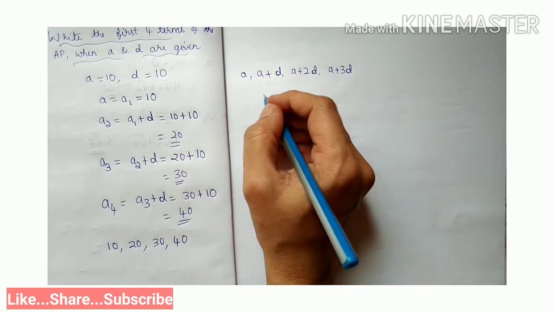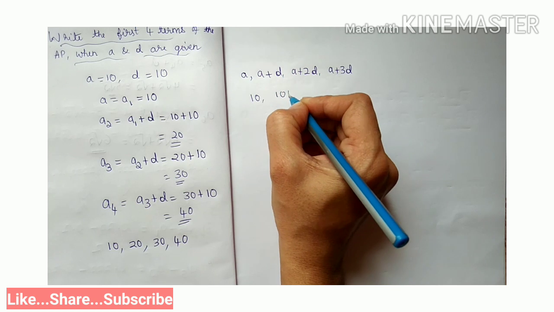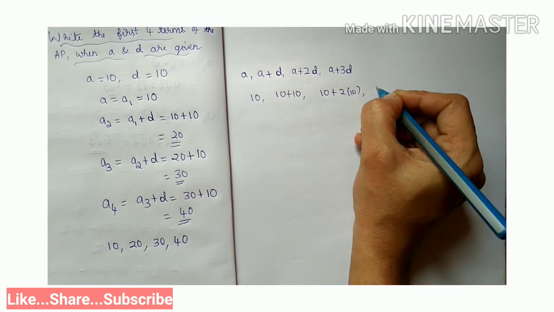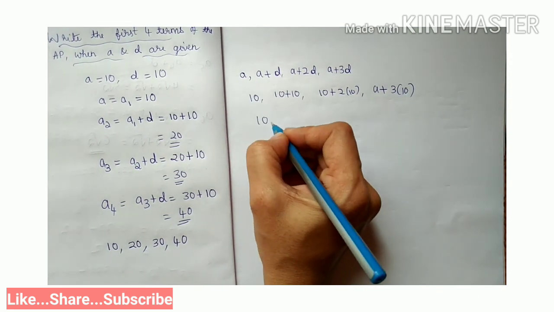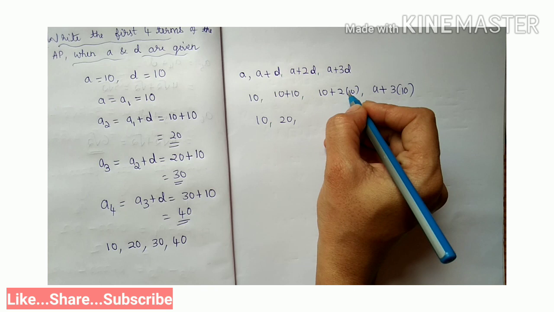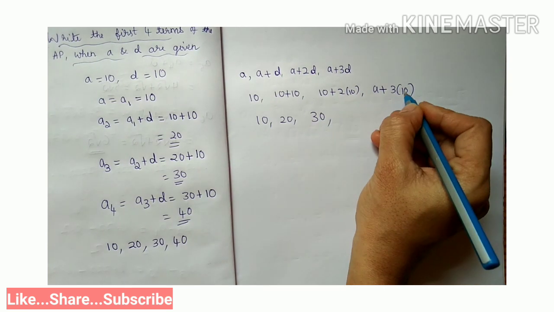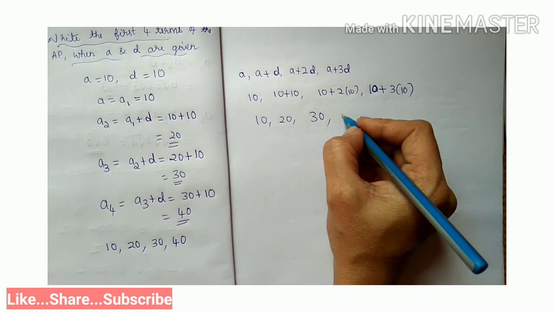First four terms: A is 10, A plus D is 10 plus 10, A plus 2D is 10 plus 2 into 10, A plus 3D is 10 plus 3 into 10. So 10, 20, 10 twos are 20, 20 plus 10, 30, here 30 plus 10, 40.